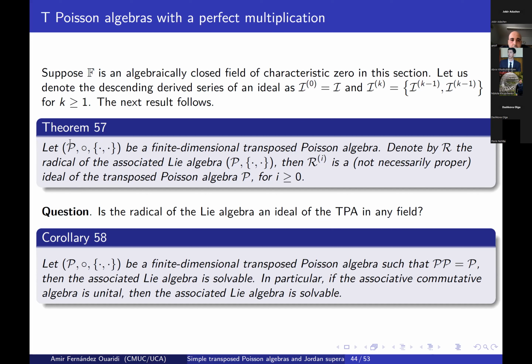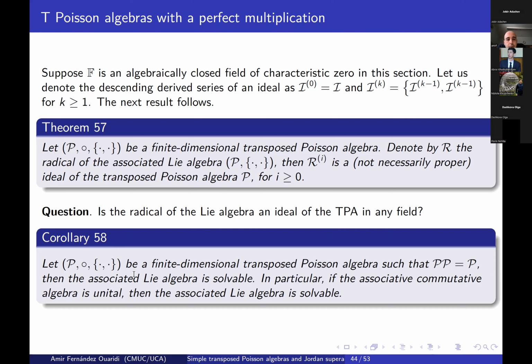If we have a finite-dimensional transposed Poisson algebra, and we denote by R the radical of the associated Lie algebra, then R^i is a not necessarily proper ideal of the transposed Poisson algebra P for any i. And the following question is natural. Is the radical of the Lie algebra an ideal of the transposed Poisson algebra in any field? I don't know.